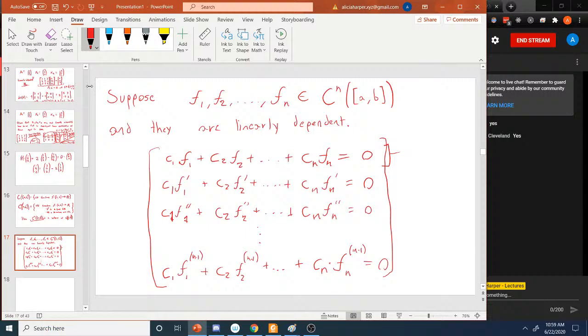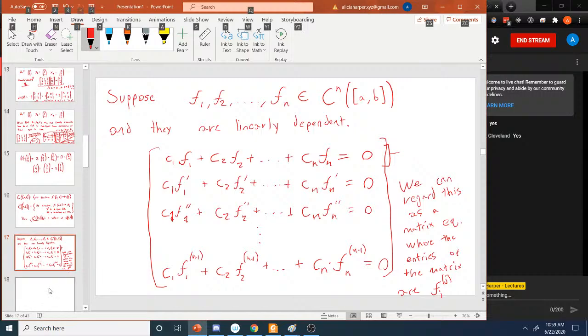Now, the cool thing we can do is regard this as a matrix equation, where the entries of the matrix are the ith function and the jth derivative of it. So if I do this, I am led to the following concept.